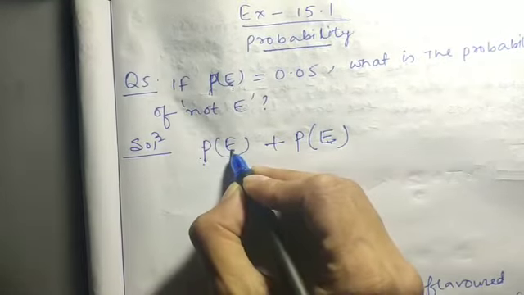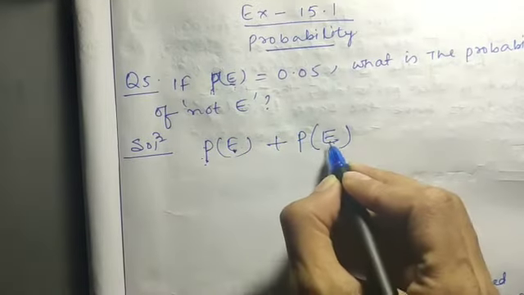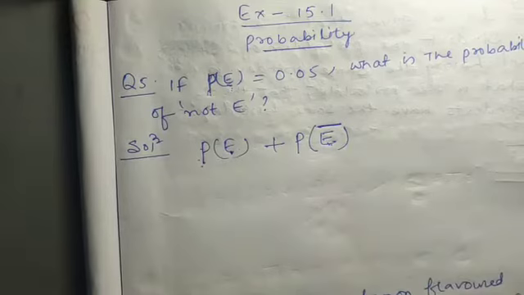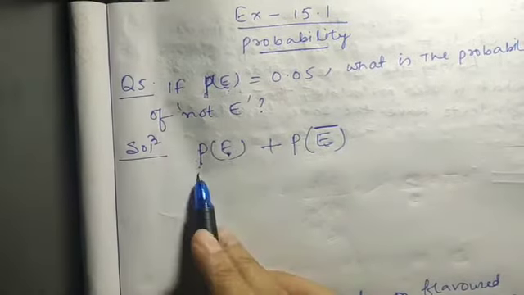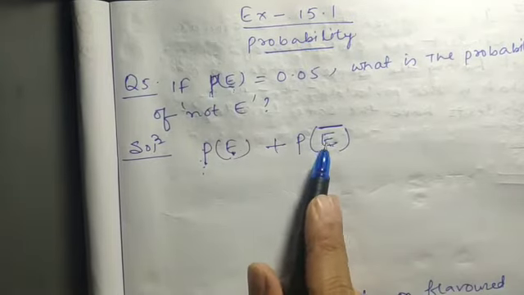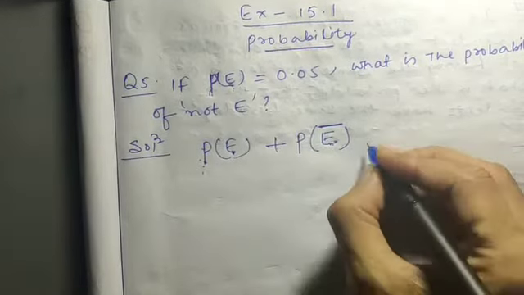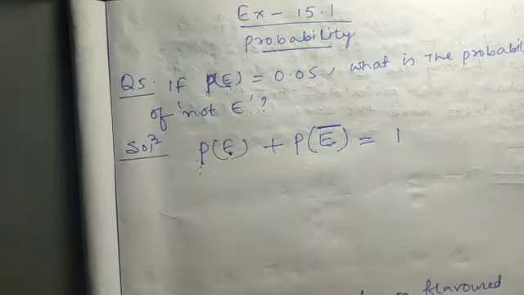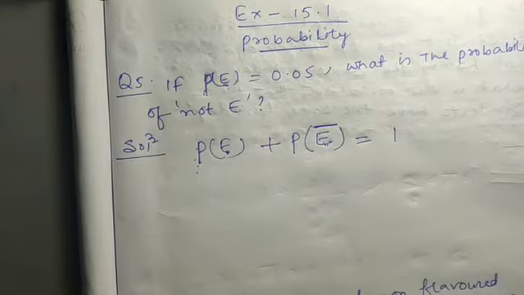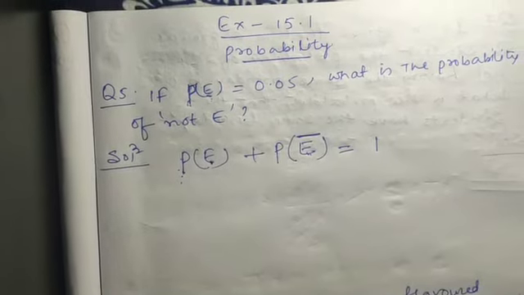Probability of happening this event we write like that, and for probability of not happening the event we put a bar above the event name, got it? So probability of having this event plus probability of not having that event is equal to 1. Here the event name is given as E, so we are writing E. If it is not given, we can take it as our own.